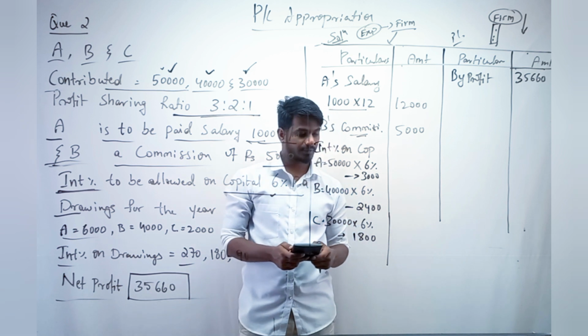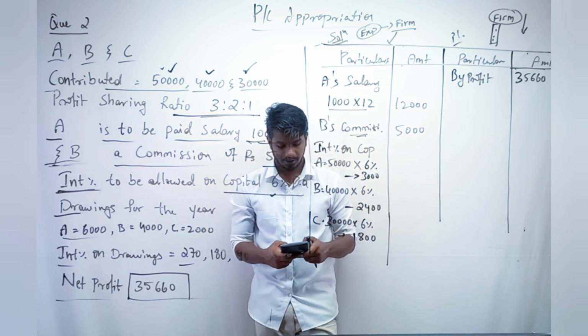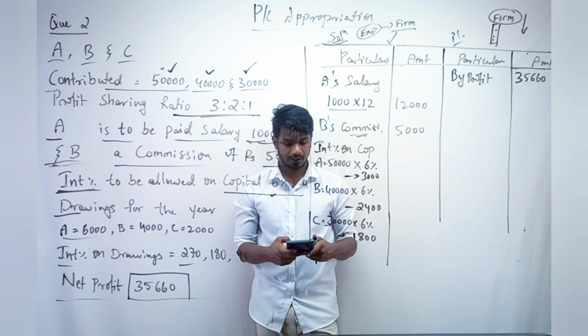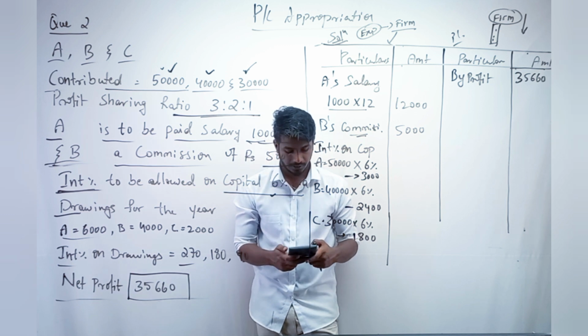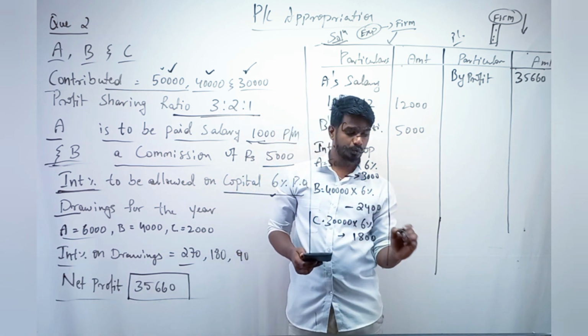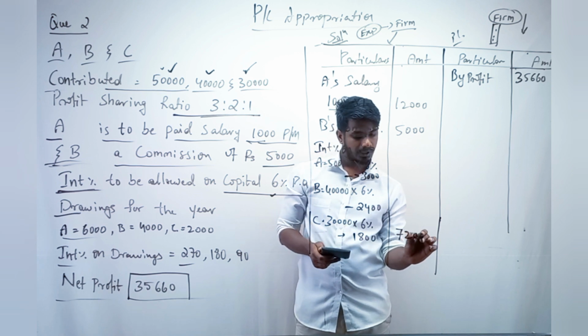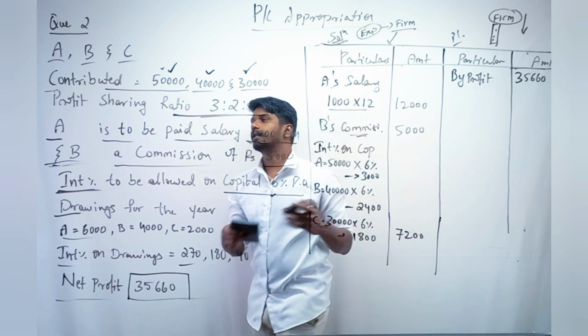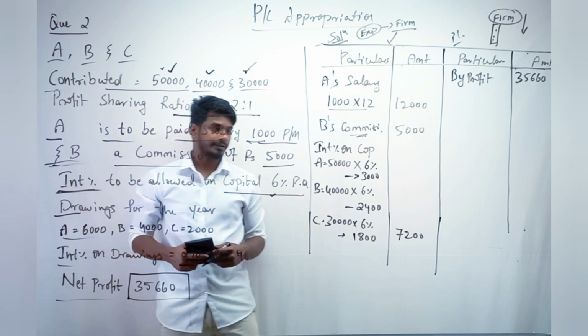The total is 1,800 plus 2,400 plus 3,000, which is 7,200 rupees. That is your interest on capital.